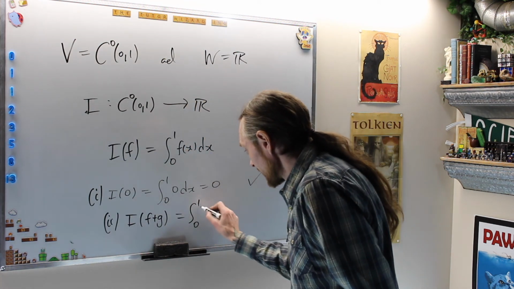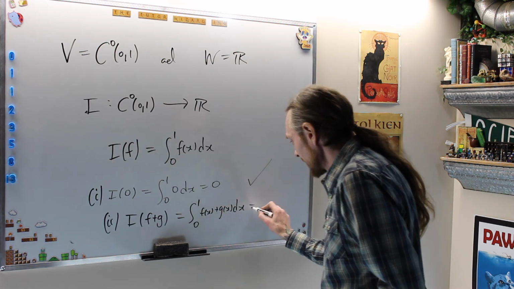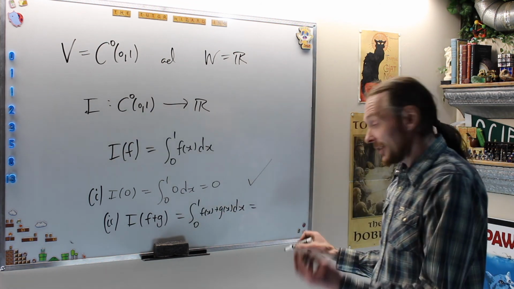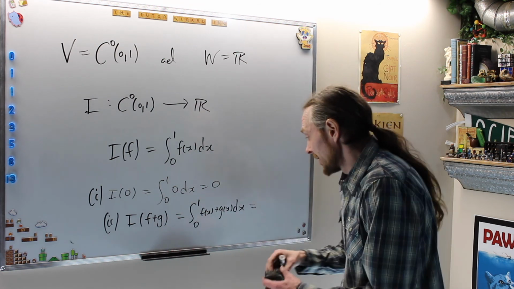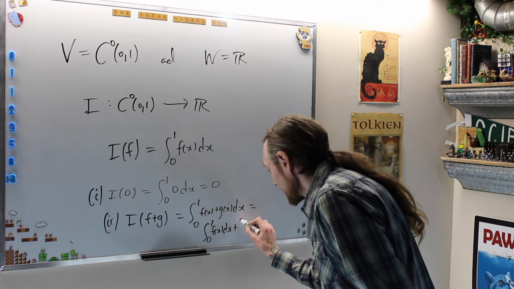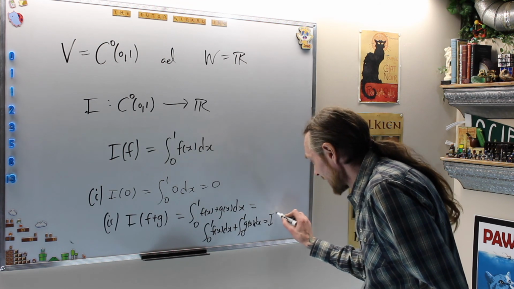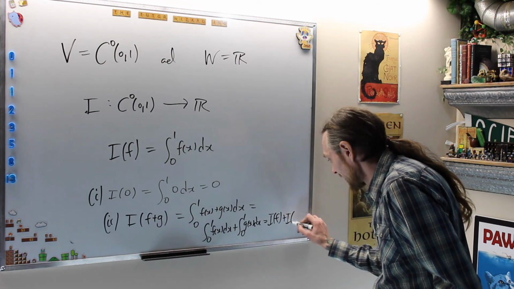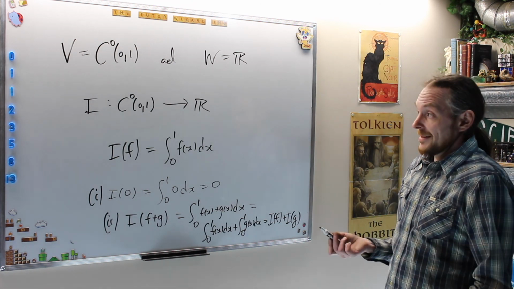The integral from 0 to 1 of f of x plus g of x dx, which, I'm not going to show, but you can actually split integral sums, since I'm assuming you know calculus, and I can split that as the integral from 0 to 1 of f of x dx plus the integral from 0 to 1 of g of x dx, which is I of f plus I of g. So it splits sums.